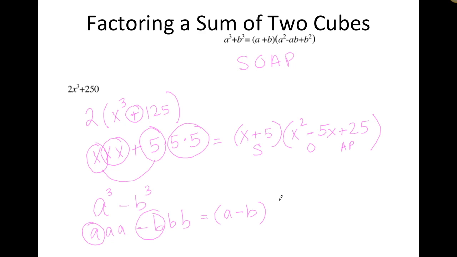Same sign. Circle the second two. A squared. Multiply the two singles. A, b. Multiply the last two. B squared. Fill this in with same, opposite, always positive.